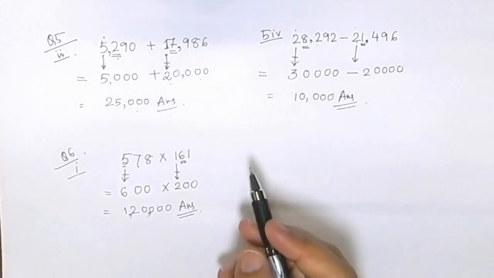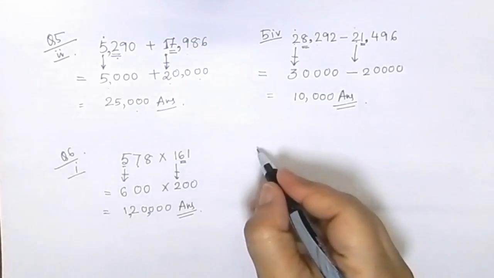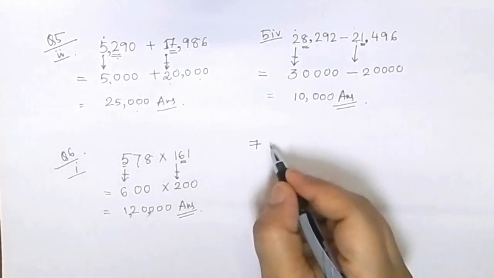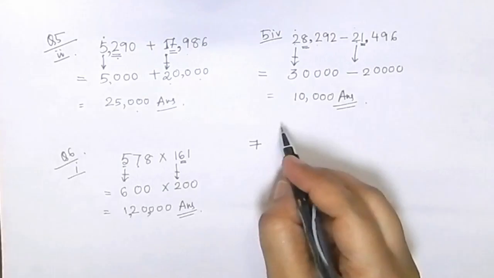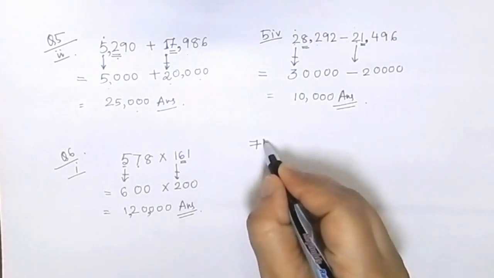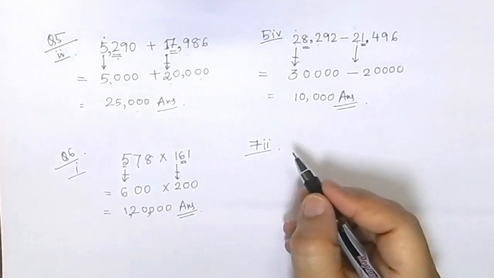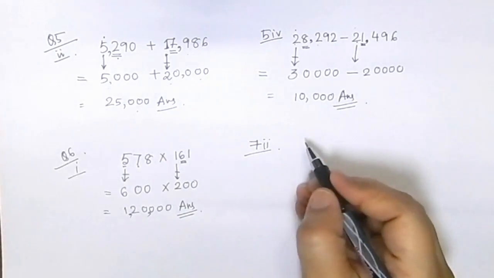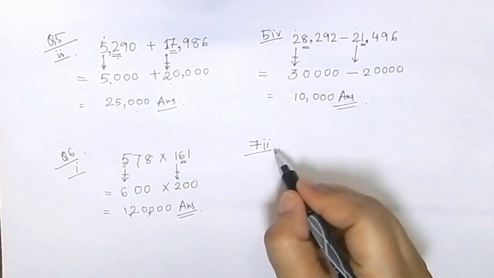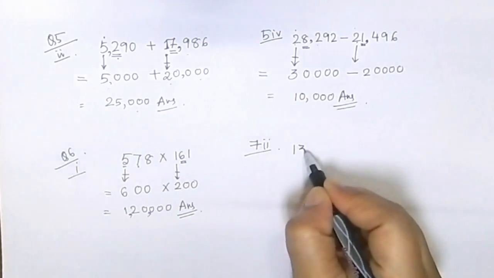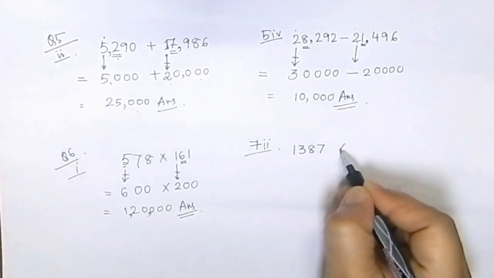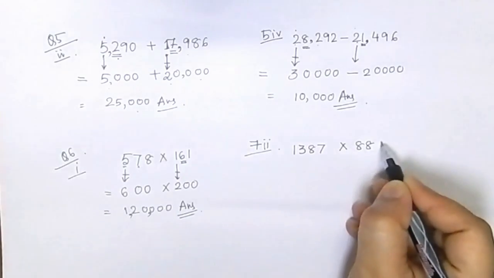Now let us find out question number 7, subpart 2. In 7 also we have to estimate the product of two numbers by rounding off each of its factors to the nearest hundreds place. The factors given in 7 subpart 2 are 1387 into 888.